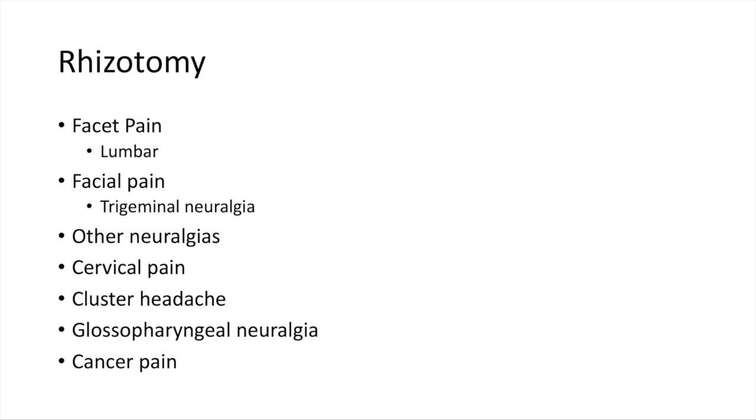Our database search and secondary review of references located 57 rhizotomy studies that generally concerned spinal or facet pain and facial pain syndromes, and 11 papers that addressed cancer pain.